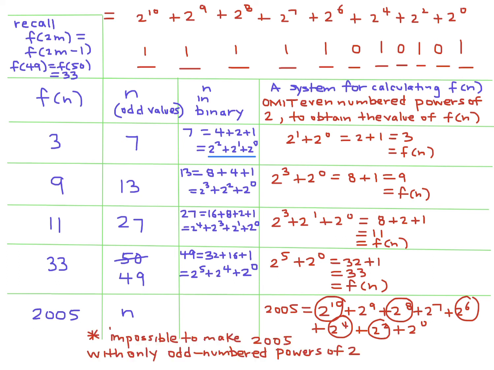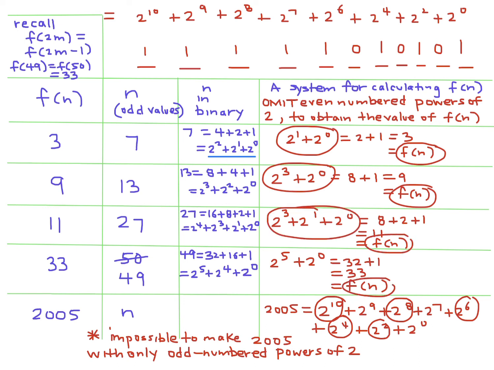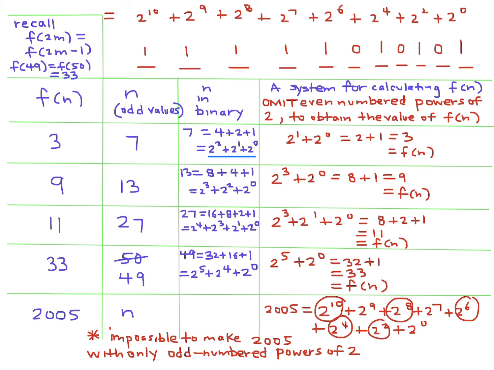So I'll write that in. It's impossible to make 2005 with only odd numbered powers of 2. All these f at n's were created with odd numbered powers of 2. You'll see that. See what I mean? All of these, because you had to omit the even numbered powers of 2. You can't make 2005 with odd numbered powers of 2 because it's got 2 to the power of 10 and 2 to the power of 8 and 2 to the power of 6 and all that.